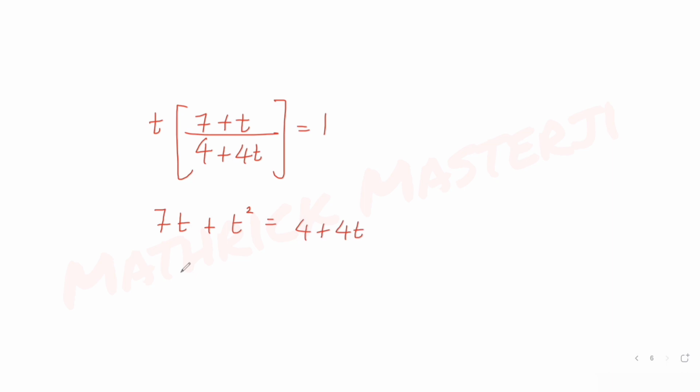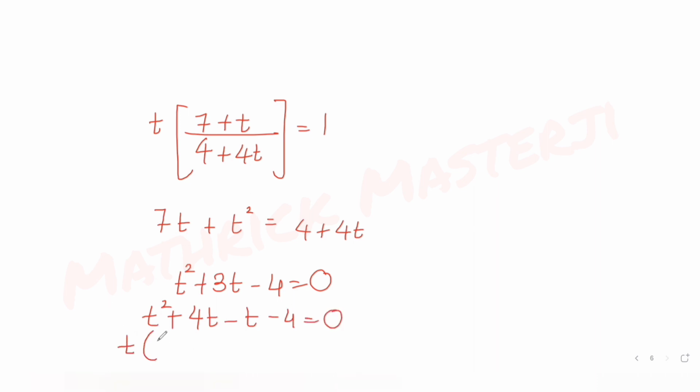So from this expression, you get t square plus 7t, and plus 4t if it goes there, becomes minus 4t. 7t minus 4t plus 3t minus 4 is equal to 0. So if I solve this quadratic, I can write that as t square plus 4t minus t minus 4 is equal to 0. T common, t plus 4 minus 1, t plus 4 is equal to 0.